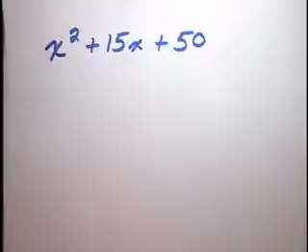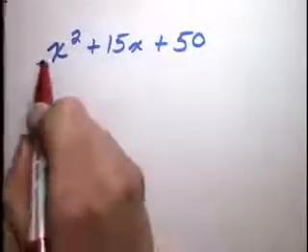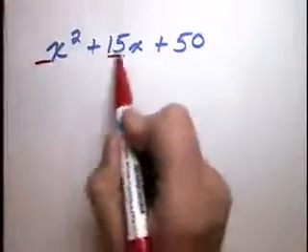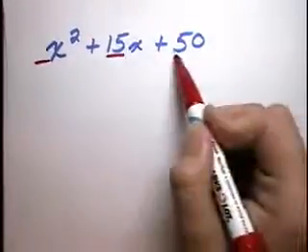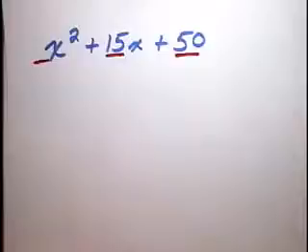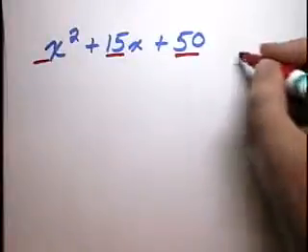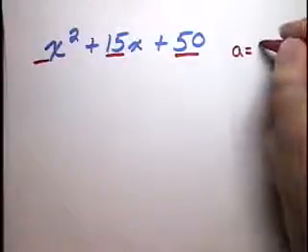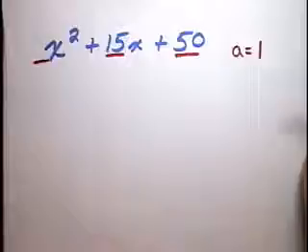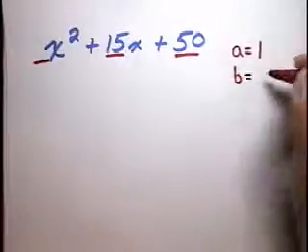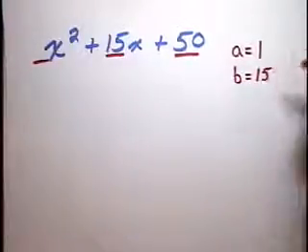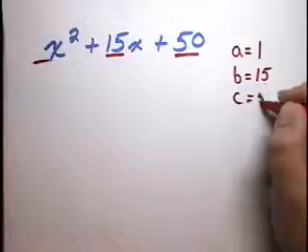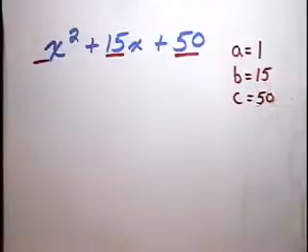The next step is to identify your a, b, and c. Your a is the coefficient of the first term, b is the coefficient of the second term, and c is the whole number constant. So in this problem, there is no coefficient in front of the x squared that I can see, so I have to remember that the coefficient in that case is 1. b is the coefficient on my x, which is 15, and c is my whole number constant that has no variable.